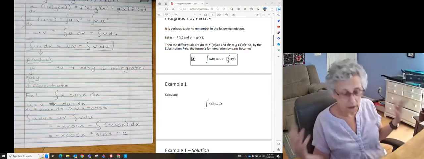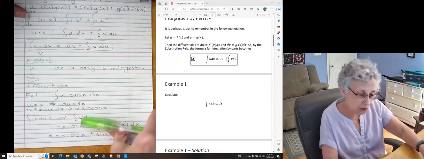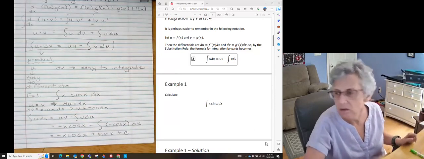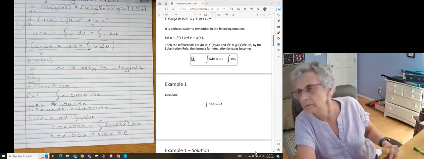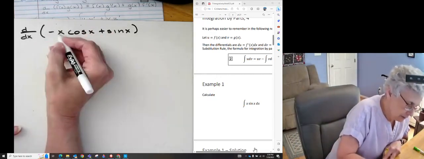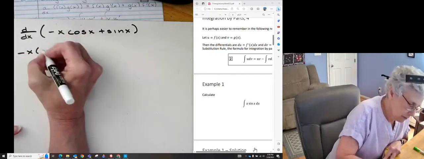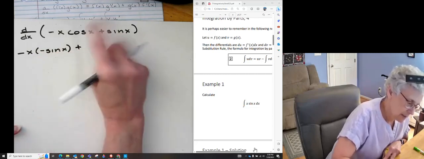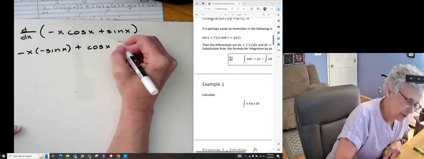Now, you don't believe it? Then go backwards and make sure that it works. I don't want to put this in my notes, so I'm going to pause and get a whiteboard to do it on. So I got this for my answer. So let's do the derivative. It would be first d second. Derivative of cosine is negative sine, plus second d first.